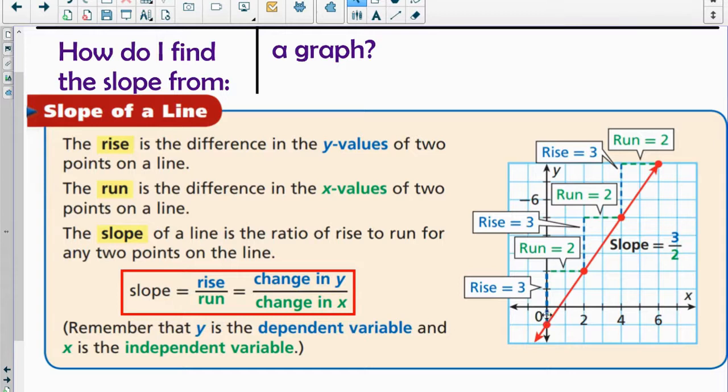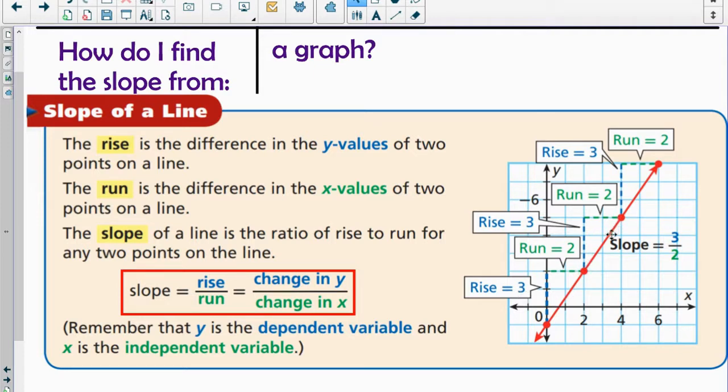But if we look at the rise between any 2 points, all we have to do is count the vertical change. In other words, count straight up. If we start at the point that's lower and we count how many spaces up, like little marks here, we'll go up 1, 2, 3 until I'm at the level of the other point. So the rise here is 3 units.